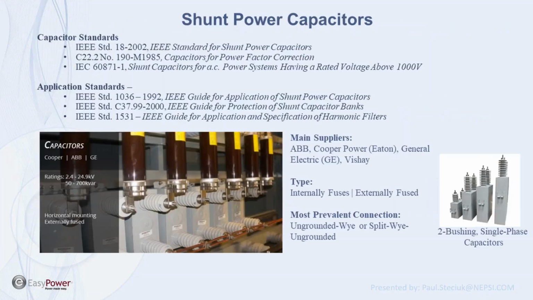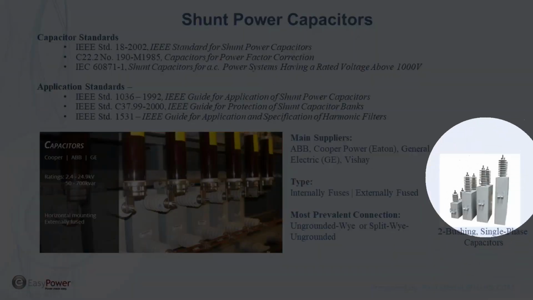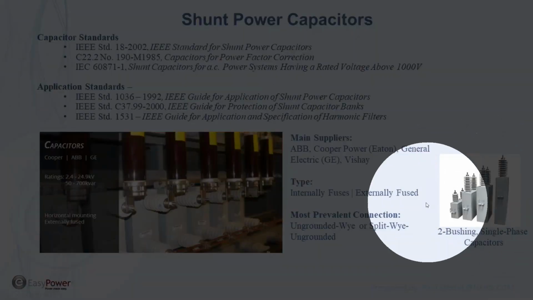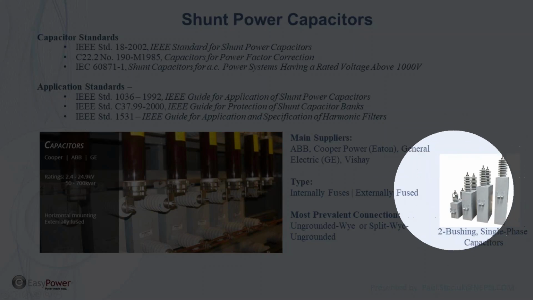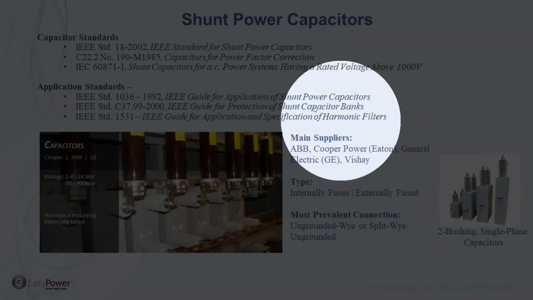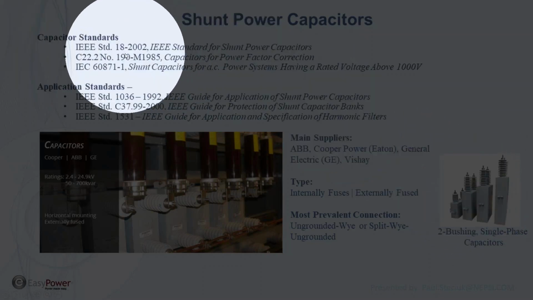So, shunt power capacitors: we're going to talk about capacitors, then the reactors, and then the resistors. The power capacitors follow some standards, and almost all medium voltage banks we're using 2 bushing capacitors here. These 2 bushing capacitors are single phase capacitors. They all follow the standard 18.